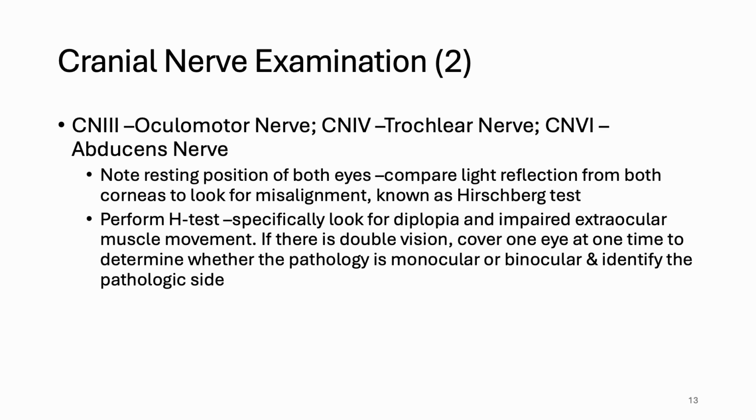Following that, you should perform an H test. In this test, you will look for diplopia and also impaired extraocular muscle movement. If there is double vision, you should cover one eye at a time to determine whether the pathology is monocular or binocular, and to identify the site of the abnormality.